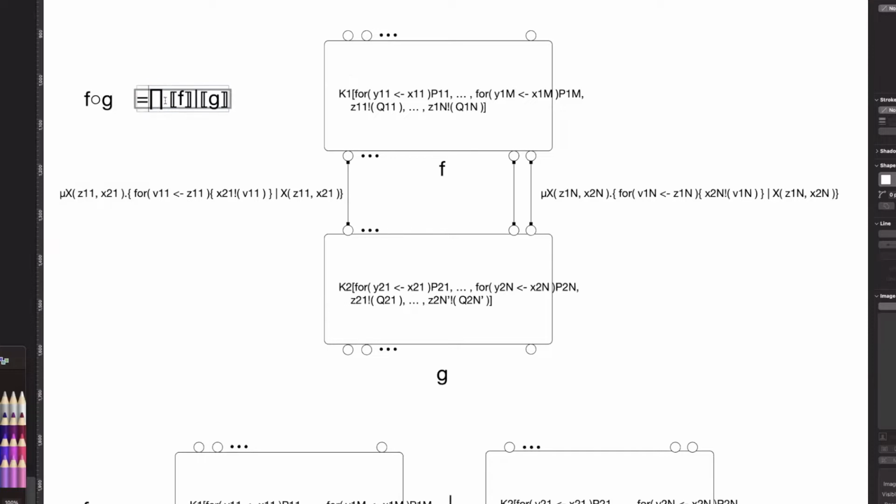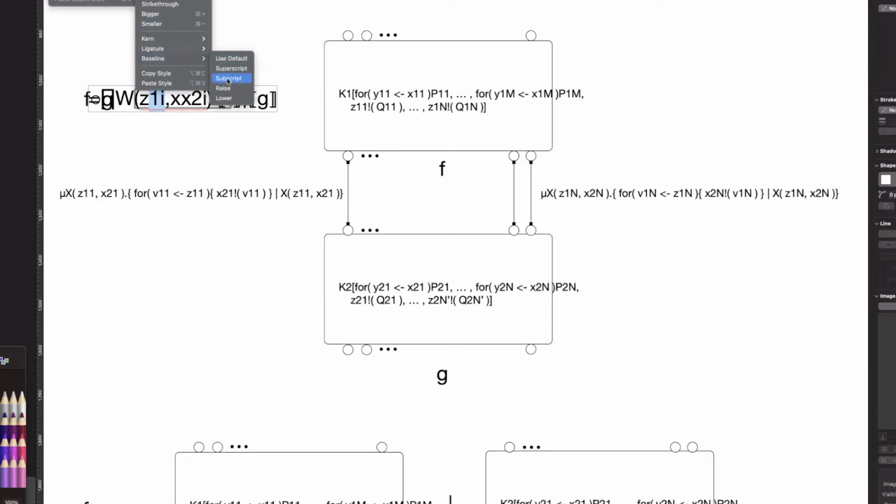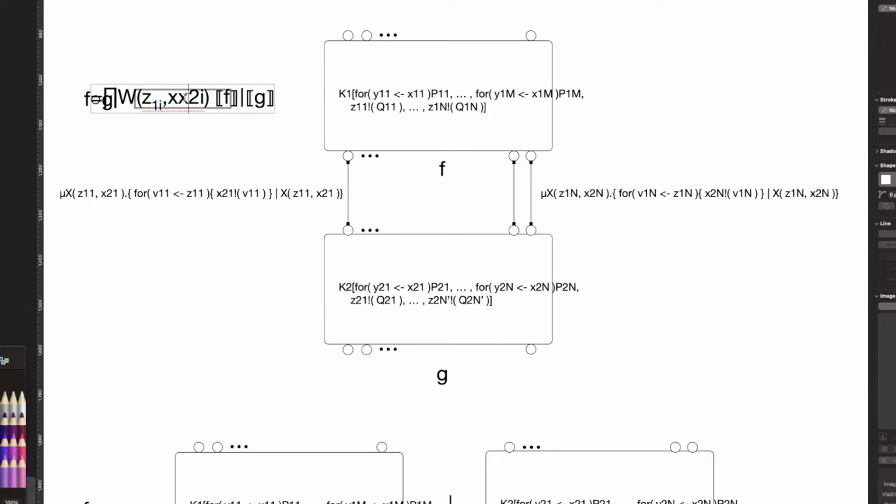Oh, I see why it's having problems. And so here we want W, and Z 1I, and X 2I, right? So let me go ahead and make these subscripts.